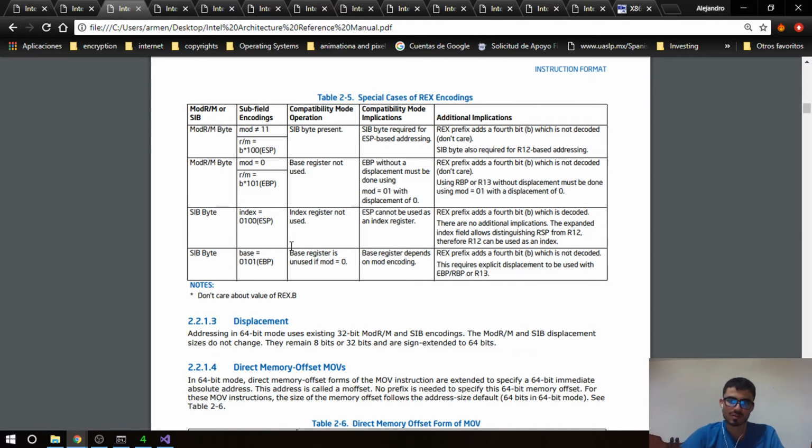The expanded index field allows distinguishing, therefore R12 can be used as an index.